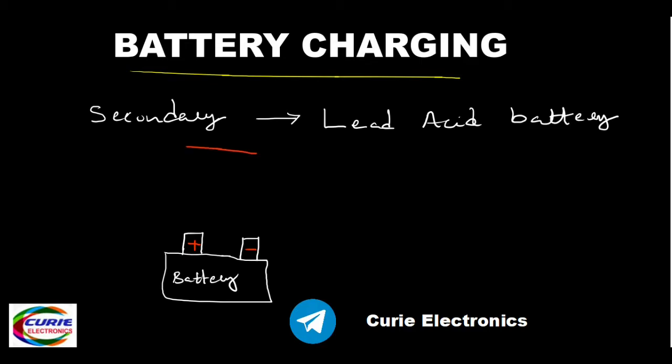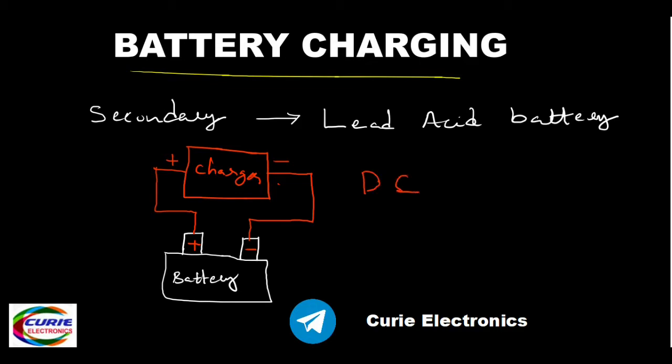The positive terminal of the charger should be connected to the positive terminal of the battery, and the negative terminal of the charger has to be connected to the negative terminal of the battery. And the battery has to be always charged with a DC source. If it is an AC source, we have to convert it before charging the battery.